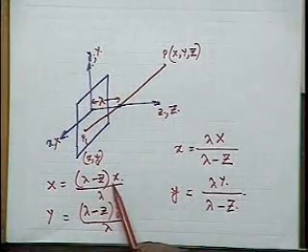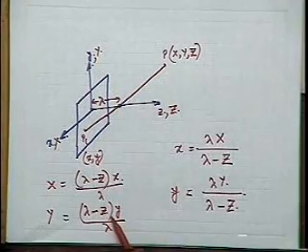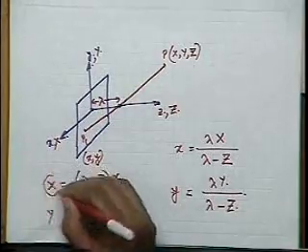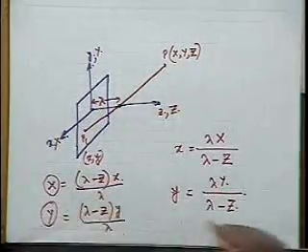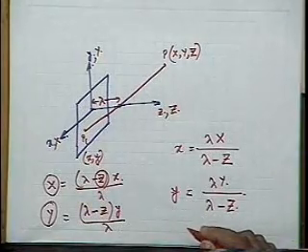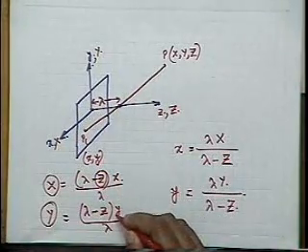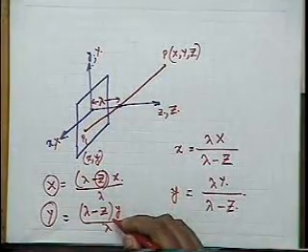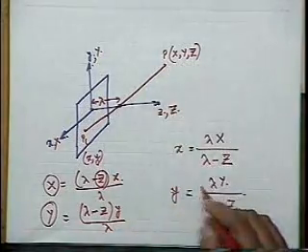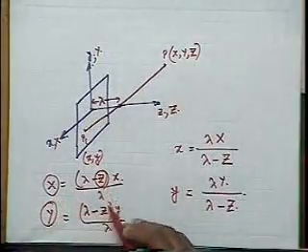Now from this first equation and the second equation, what do we see? Our capital X is unknown, capital Y is unknown, capital Z is unknown. If somebody has supplied the camera coordinate point small x, small y, and we would like to determine the corresponding three-dimensional point P, then capital X, capital Y, capital Z are all unknown.